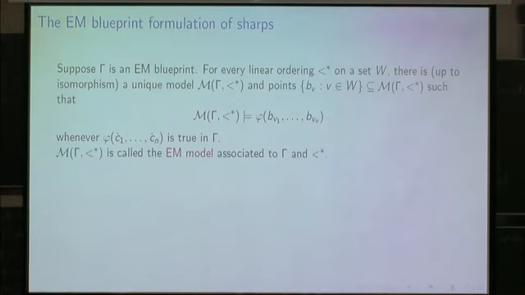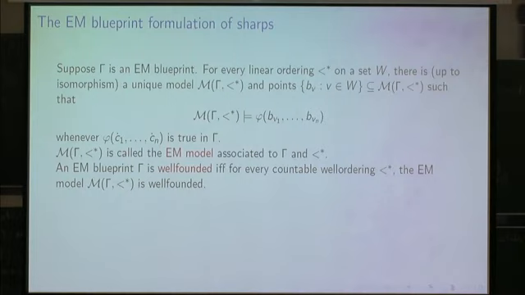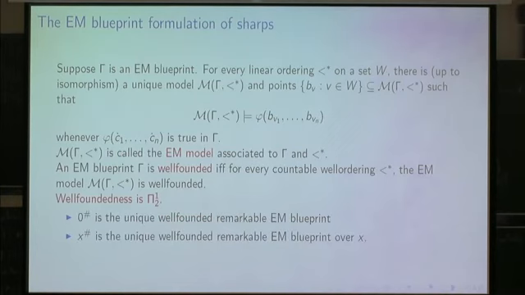This M gamma star is called the EM model associated to the EM blueprint. The EM blueprint is called well-founded just in case for every countable well-ordering, the EM model coming out of this well-ordering is well-founded. And well-foundedness of an EM blueprint is pi 1, 2. So it's a classical theorem that zero sharp is the unique well-founded remarkable EM blueprint, and we can relativize it to an arbitrary real number.